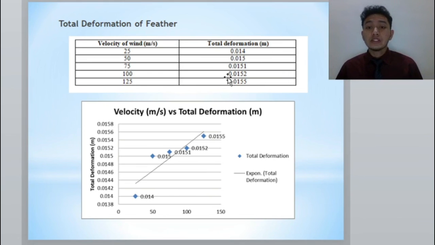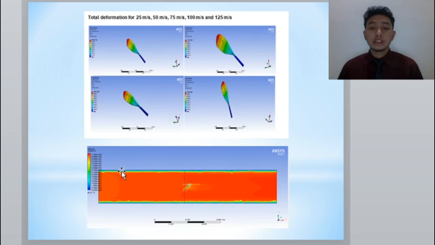As we can see here, the higher the velocity of the wind, the higher the deformation of the feather. Same as the previous result, it is increasing: when the velocity of the wind increases, the total deformation of the feather also increases.